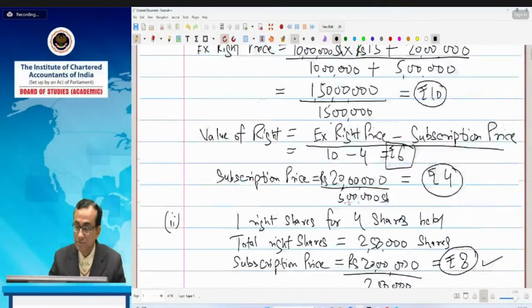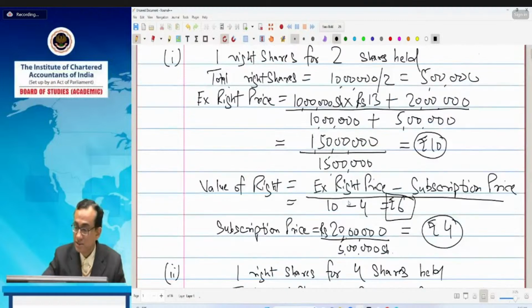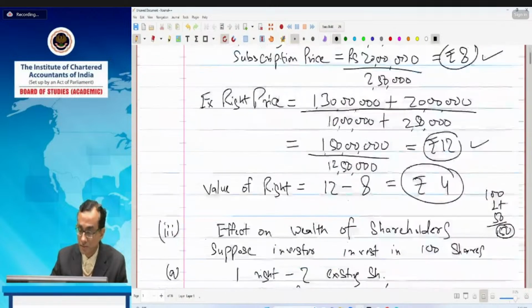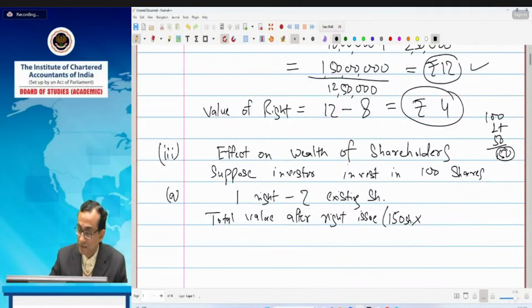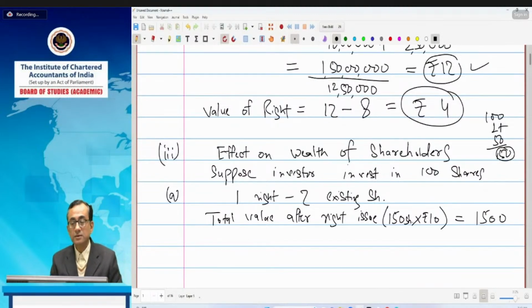What is the ex-right price? Here it is rupees 10. So we multiply 150 into rupees 10. It will come to 1500. Then from 1500, we will deduct the expenditure made by the investor through the right issue.